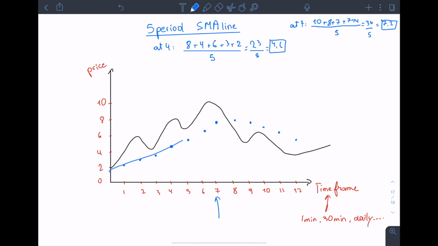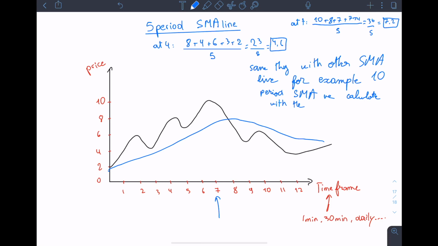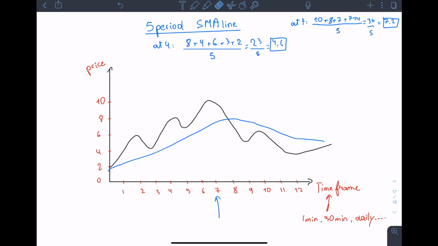I'm adding all the values together, and this is the 5-period SMA line for this stock price. It's exactly the same thing for other periods. For example, for the 10-period SMA, we calculate the price of the last 10 candlesticks, which is exactly the same thing, but we'll get another chart.